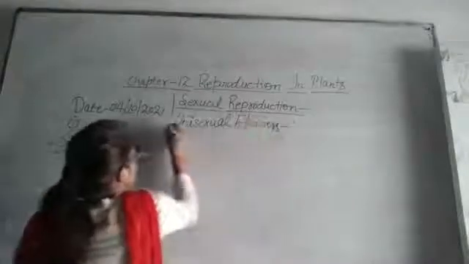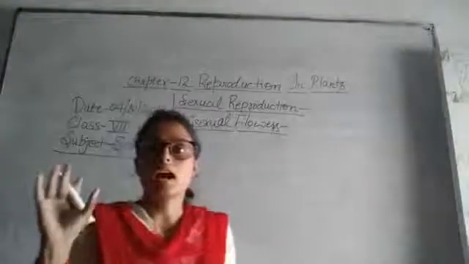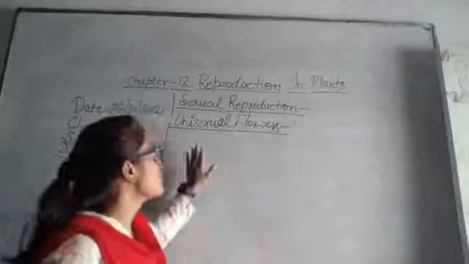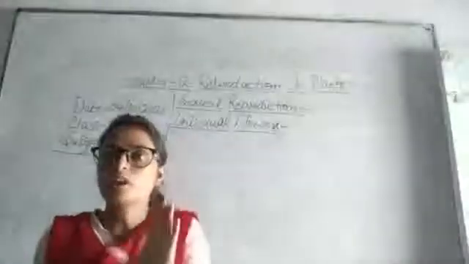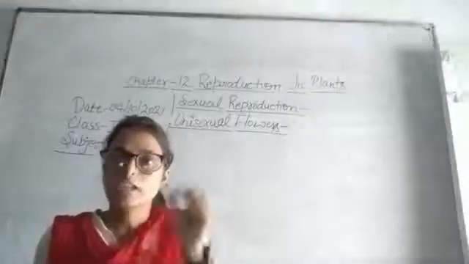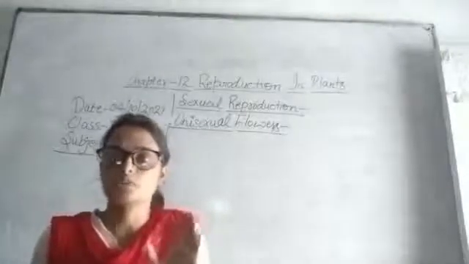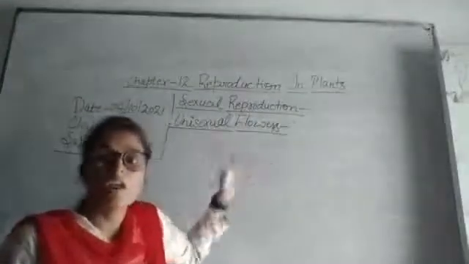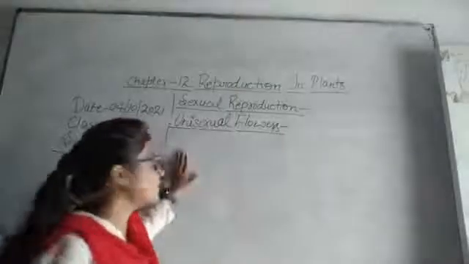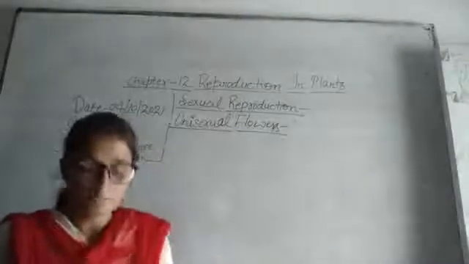Flowers which contain either only pistil or only stamens are called unisexual flowers. Means वो flower जिसमें या तो male reproductive parts present होता है या तो female reproductive part present होता है. अब वो कुछ भी हो सकता है, means stamen और pistil.